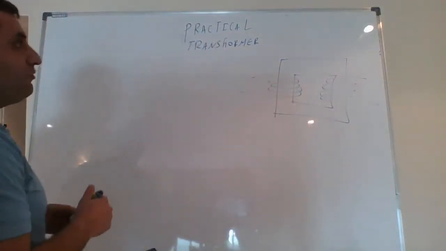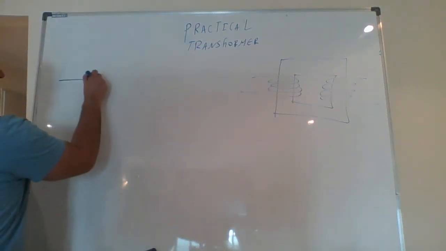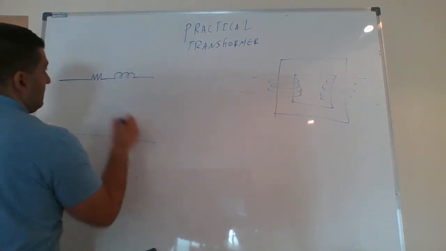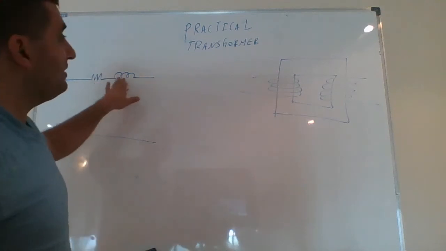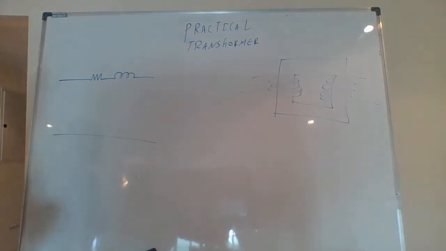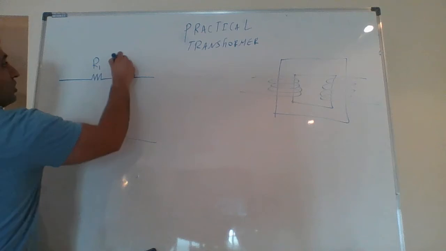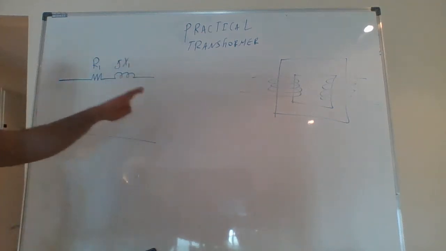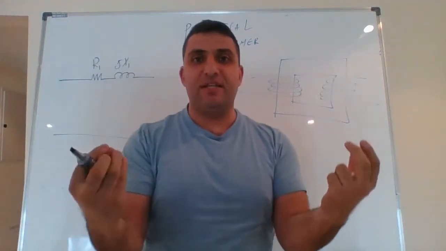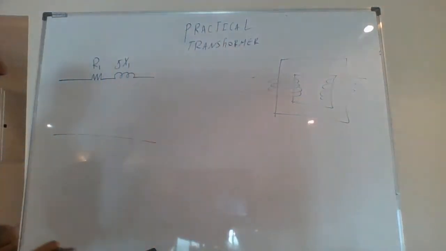Because I have windings, and it's a practical transformer, I have this. This represents the resistance and the inductance of the primary winding. I can call it R1, and this is JX1. These are due to the wires. Every wire can be represented by a resistor and an inductor.